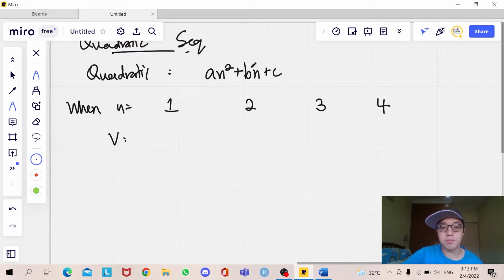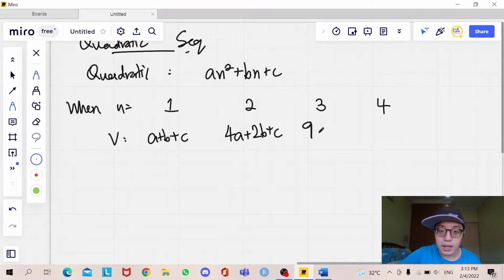So when n is equal to 1, 2, 3, and 4, the value will be equal to, we will just sub the n inside here, a plus b plus c, and then here will be 4a plus 2b plus c, and this will be 9a plus 3b plus c, and the last one will be actually redundant, but I will just write it, 16a plus 4b plus c.